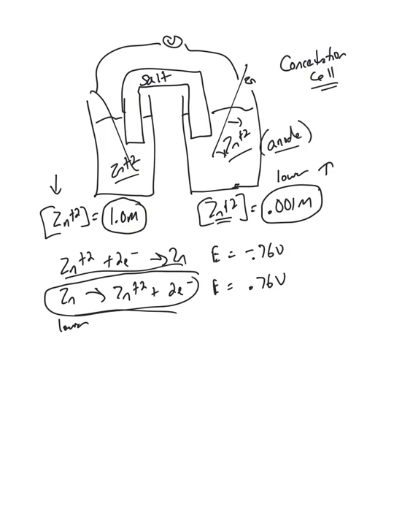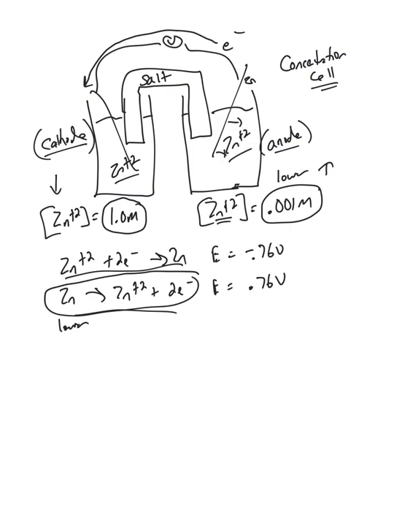The higher concentration side will act as the cathode. And if you remember back to our introduction on cell potentials and voltages, the electrical current will always flow from anode to cathode. So I know the electrons are going to flow from the lower concentration to the higher concentration in order to get the two concentrations on both sides of the salt bridge to be effectively the same. And we've created what's called a concentration cell.